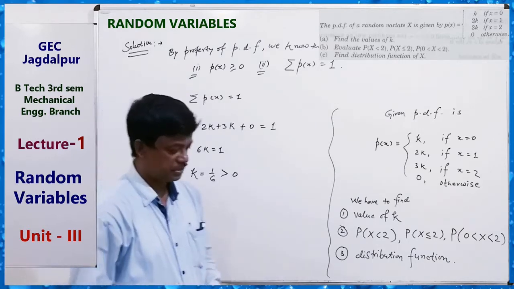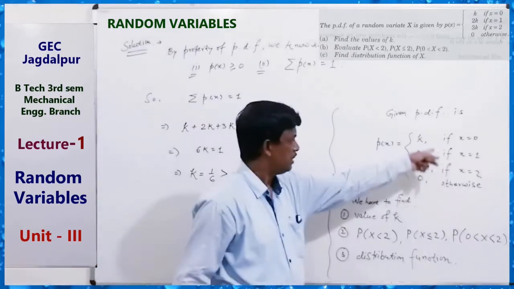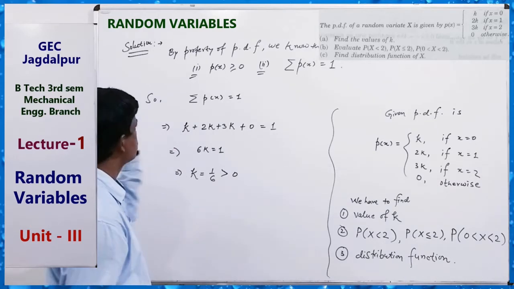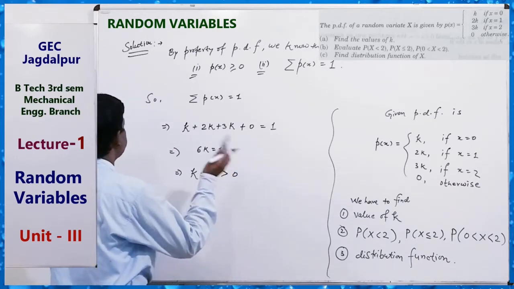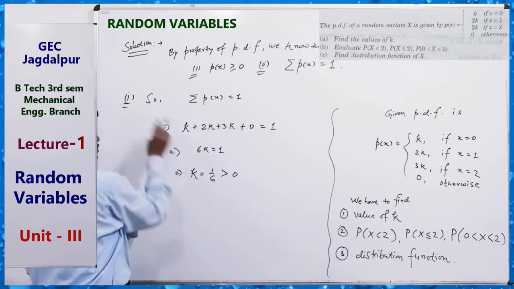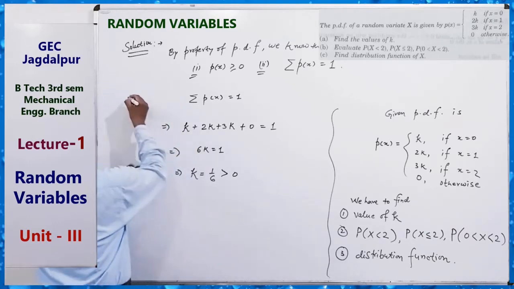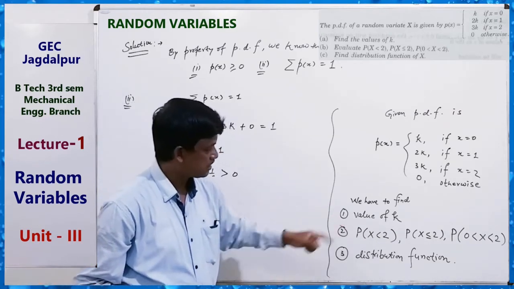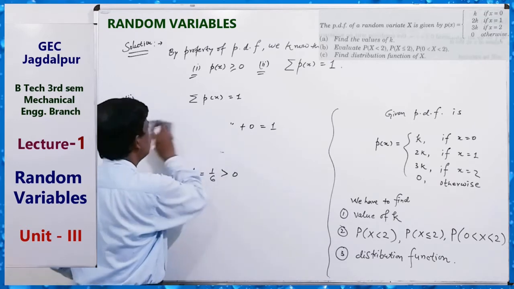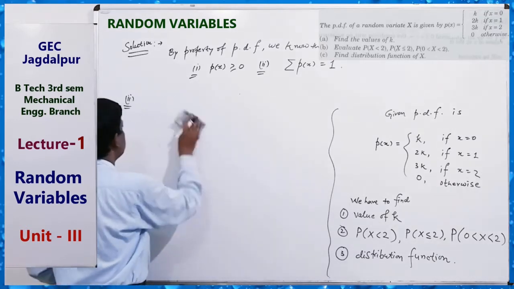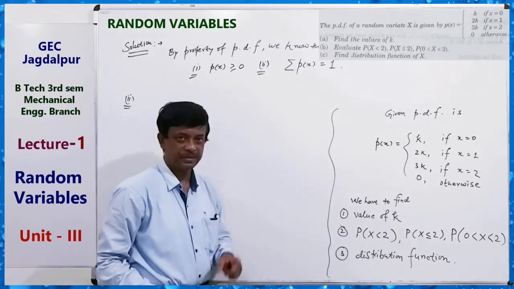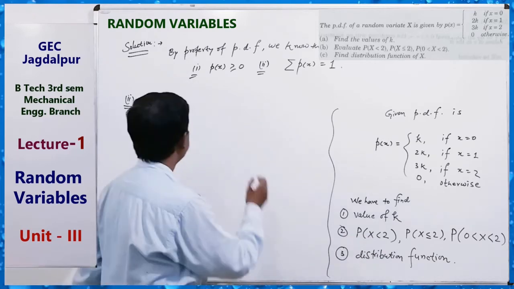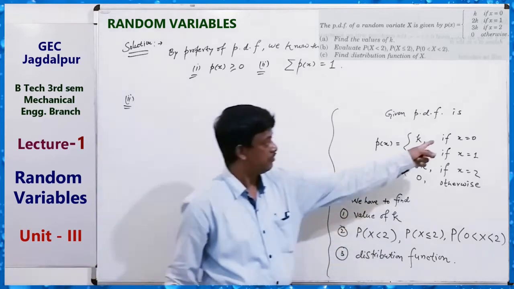Now the second question. Okay, here by definition it is clear that for a discrete random variable, this is the value of k. First question solved. Now second, we have to find the probability of x less than 2 and x less than or equal to 2. Here the variable is discretely defined.